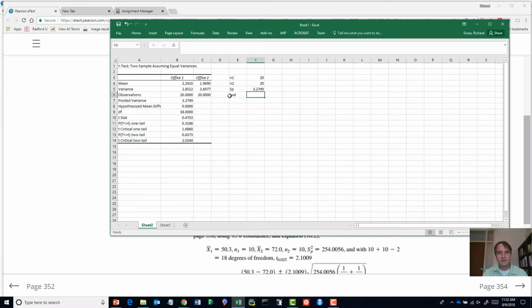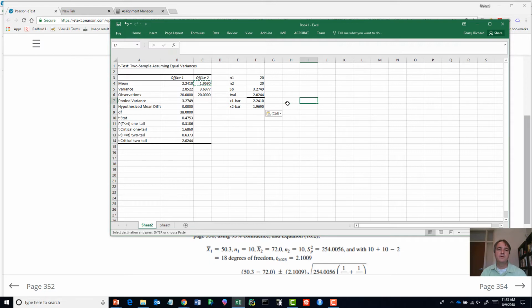Now we need x1 bar, the sample mean of the first population, and then the sample mean of the second population would be x2 bar.